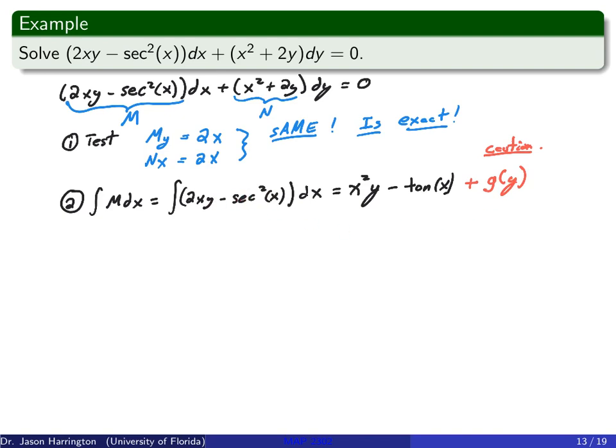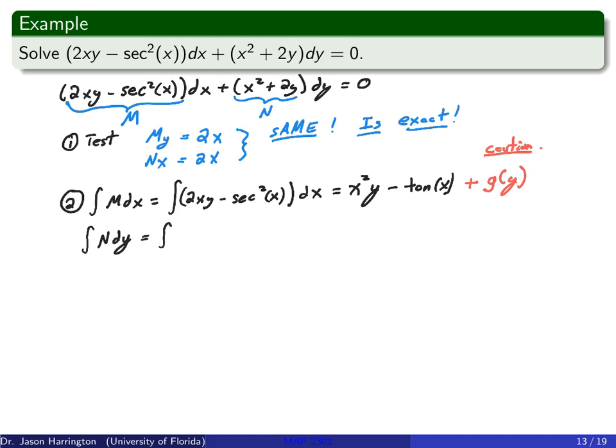That's why we use the constant in Calc 1, because the derivative of a constant is 0. But now in multivariable calculus, when you have more variables, you can simply say, well, I'm holding the y as a constant when I integrate with respect to x. And so now that's my new quote-unquote constant term.